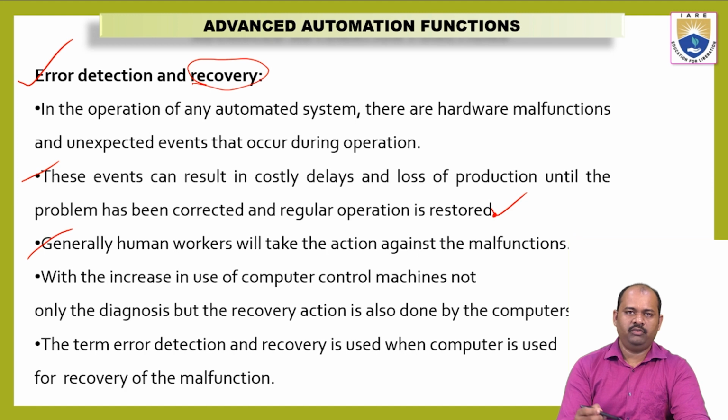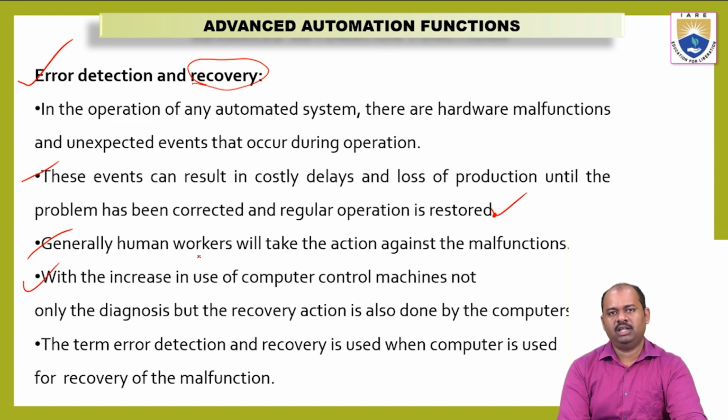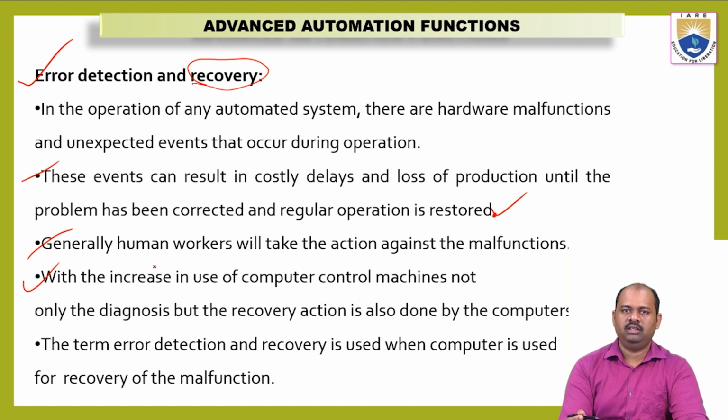The human being will go there and make the repairs for the machine. This is what happens in the conventional system. In the olden days, human beings would see which part of the machine is damaged, and they had to repair or replace the object. This is all done manually.